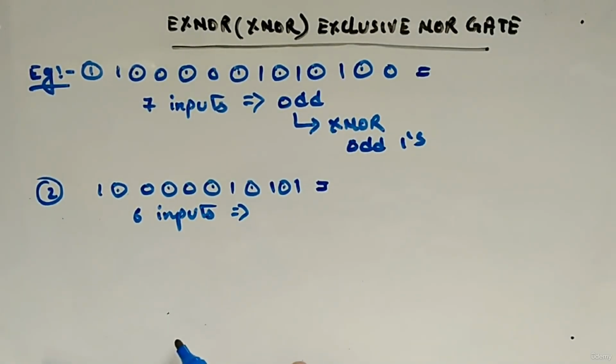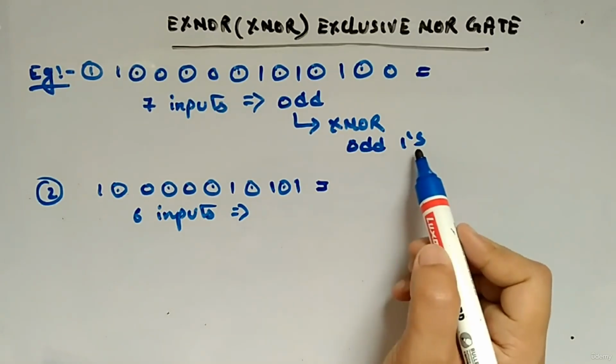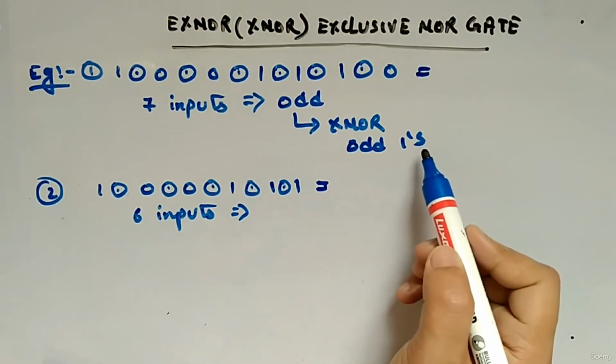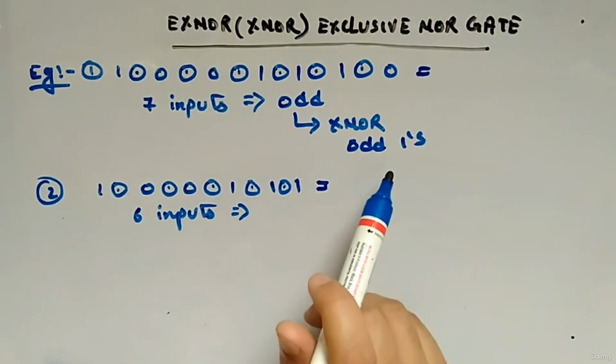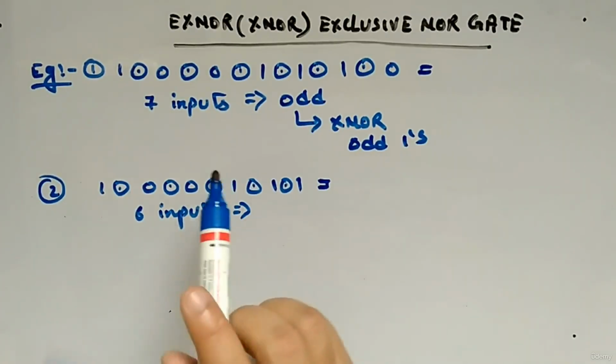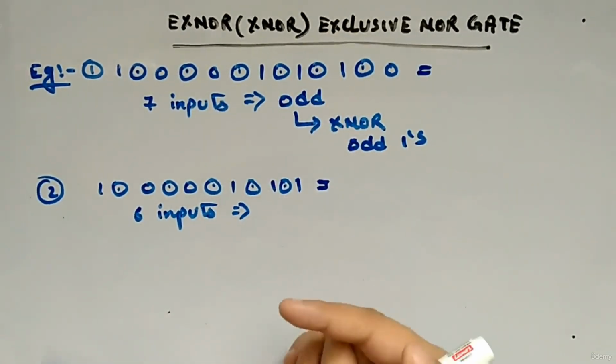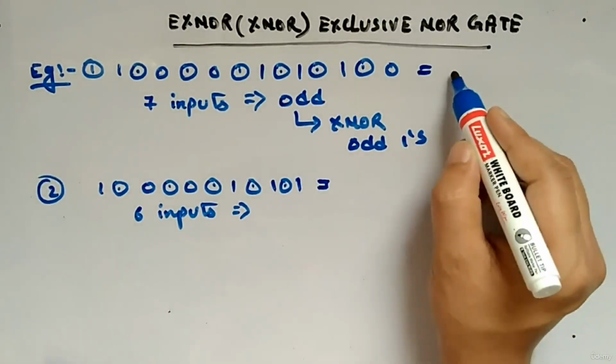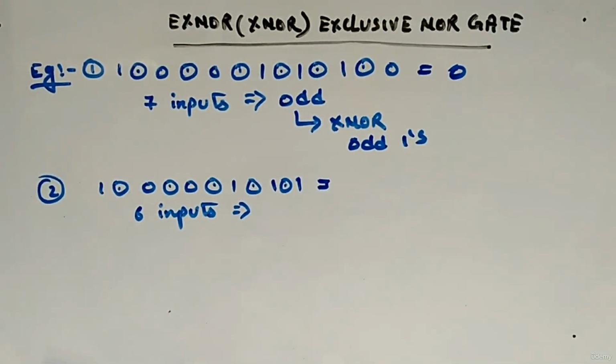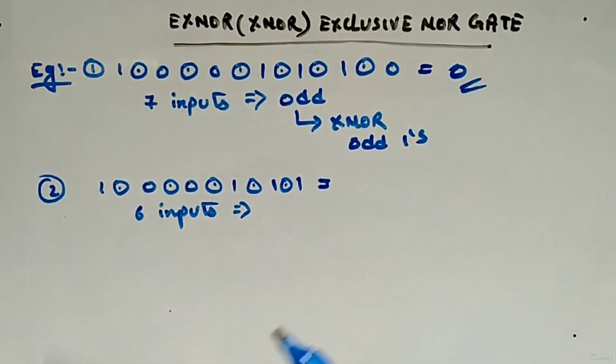If there is an odd number of ones, the output will be 1, else it will be 0. So, 1 2 3 4, 4 ones are there, which is even, hence the output will be 0. So that is the output.